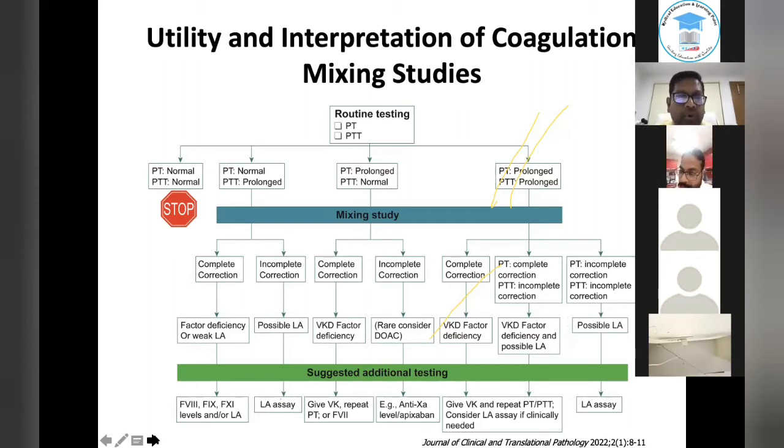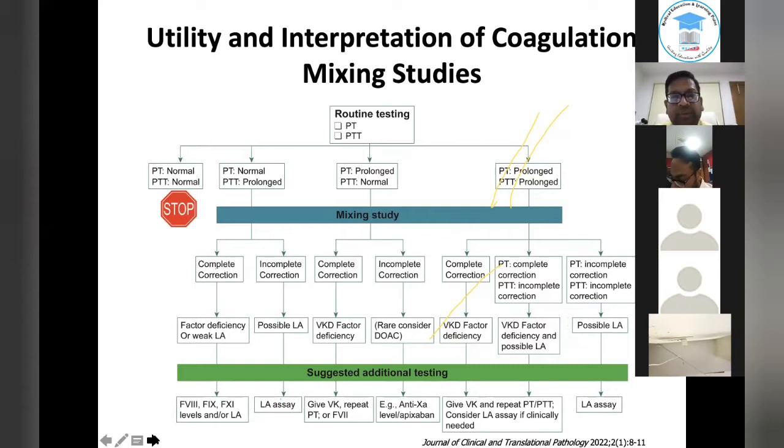If both are prolonged, mixing study, complete correction, you might be dealing with a vitamin K deficiency factor. If there is incomplete correction, you might have to go back and ask for DOAC therapy or heparin therapy, etc. Accordingly, you can give vitamin K or repeat PT and factor 7, etc. And in case of a DOAC, you can do anti-10A levels or apixaban levels.